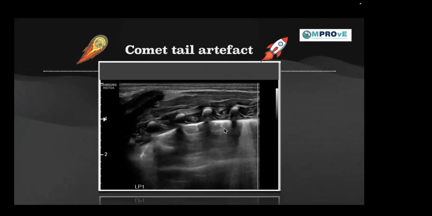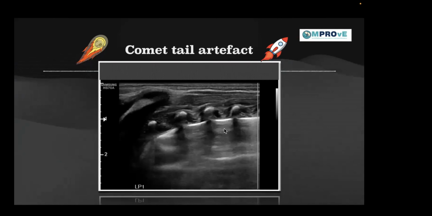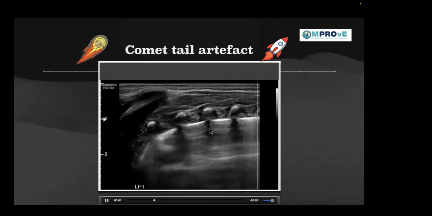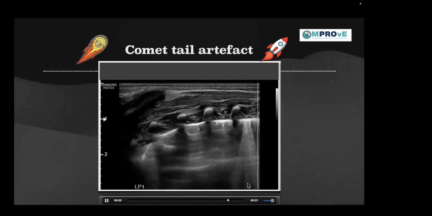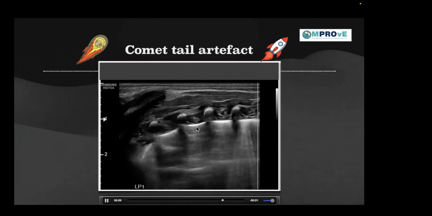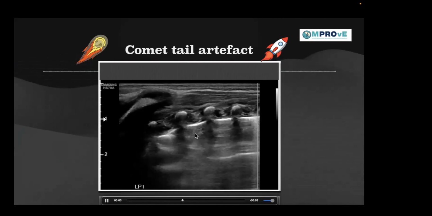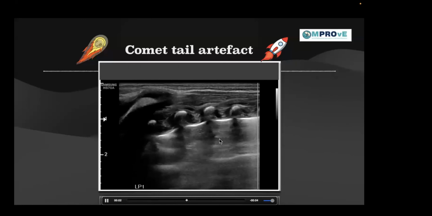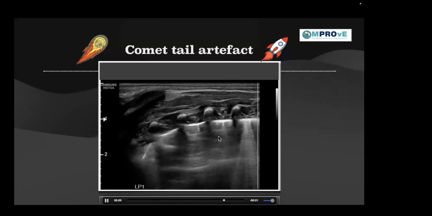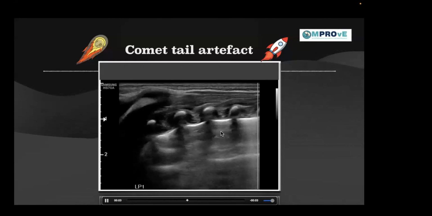But it is very short, and it terminates midway, and it doesn't erase the A line. So you can see there are some B lines there, which are reaching all the way to the bottom of the screen. But these are small rockets, which just end up terminating midway. So that's where the comet tail or the lung rockets are.